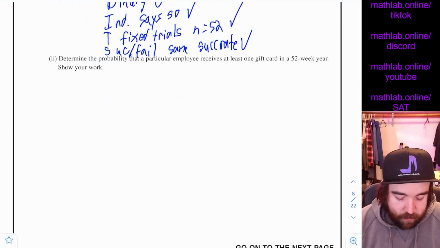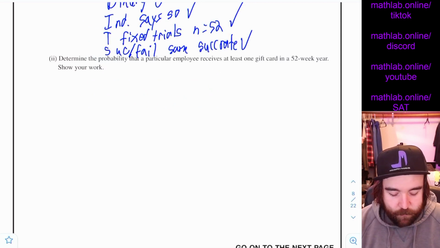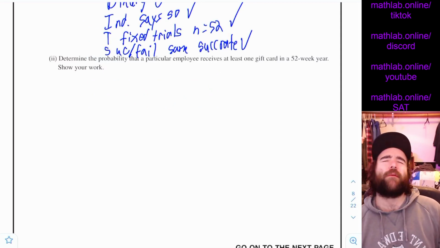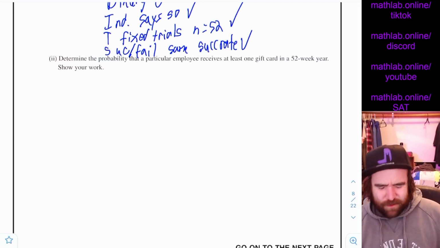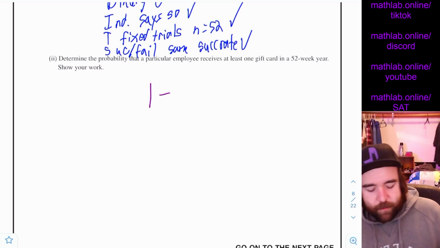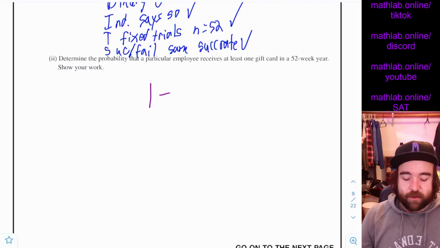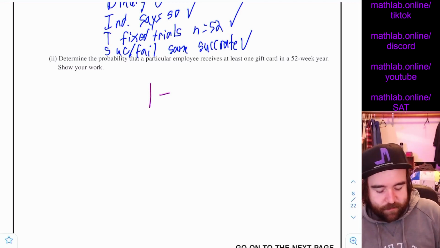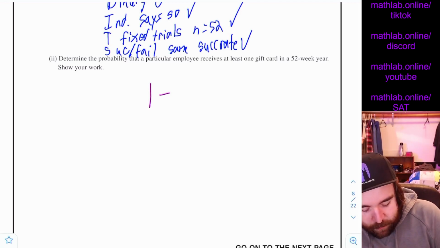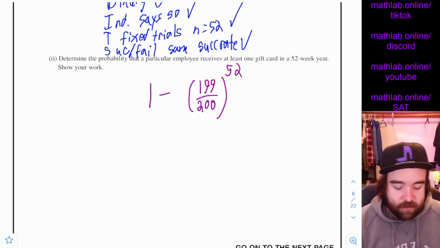So what is the situation here? He wants to receive at least one gift card. Oh, right. So you do 1 minus the probability of receiving 0 gift cards, because you're either going to get at least 1 gift card or 0 gift cards. So we're going to find the probability of getting 0 gift cards, which means this 199 out of 200 probability that you lose, you hit that 52 times in a row.